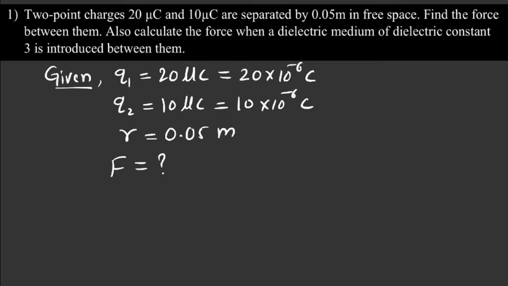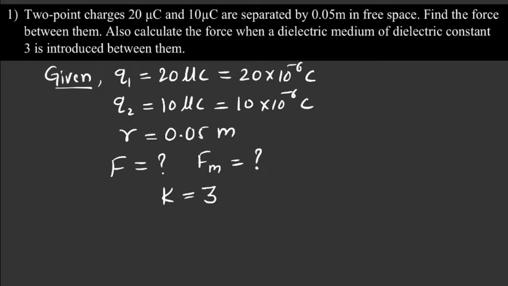And also we need to find the force between the charges when they are placed in a dielectric medium whose dielectric constant is given, and that is 3. The dielectric constant is a dimensionless quantity and doesn't have any unit, so it is only a number.